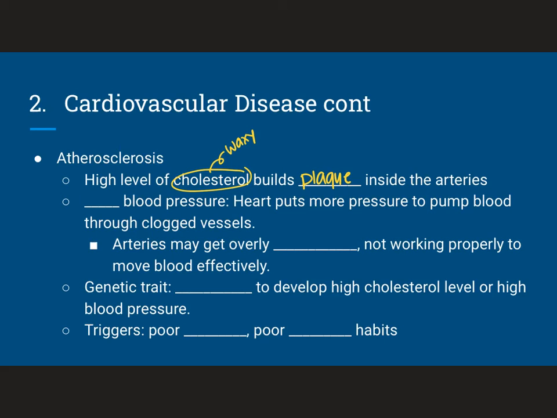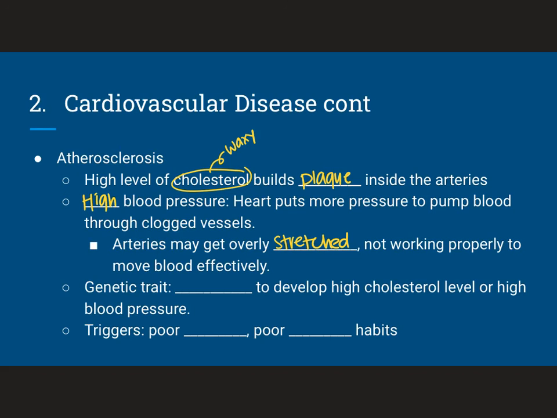You're going to have high blood pressure because your heart is trying to pump out blood to make sure that your blood is going through the arteries. Now, when you're putting too much pressure into your arteries, they may get overworked and overly stretched out. And if they're too stretched out, they're not going to work properly to move the blood efficiently.